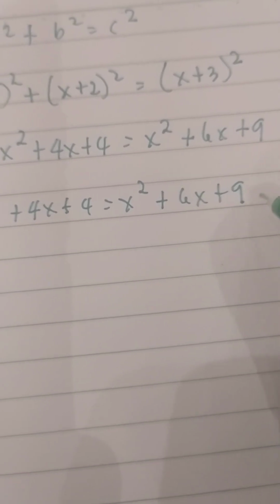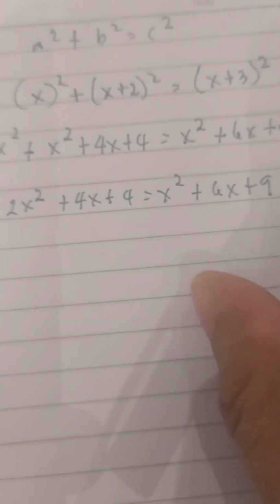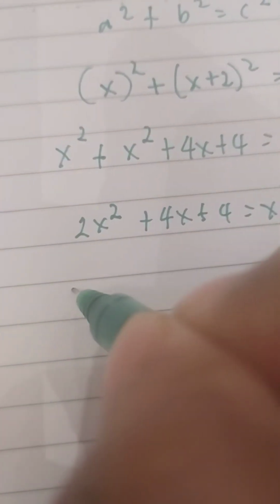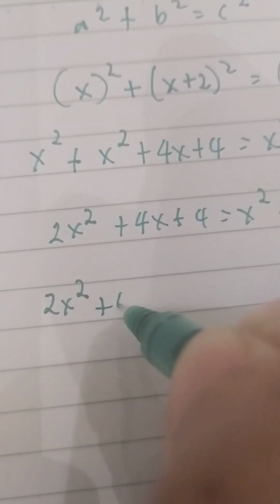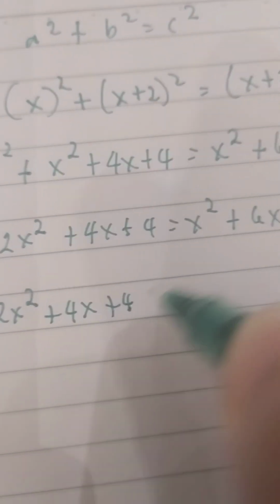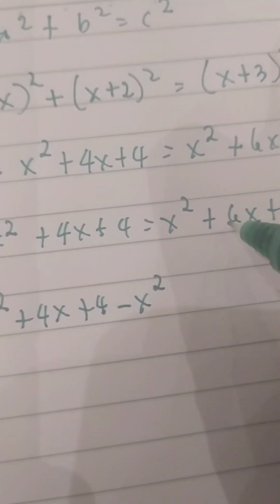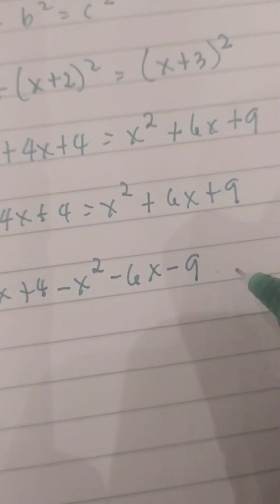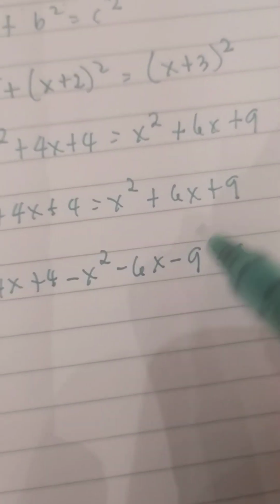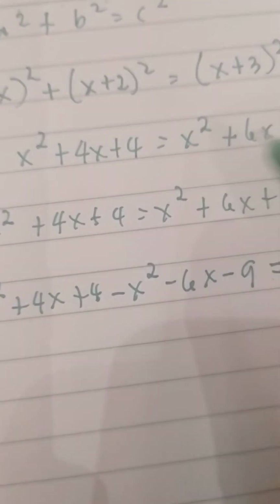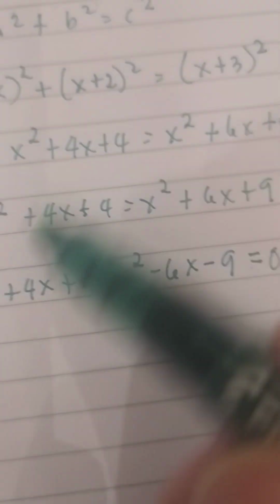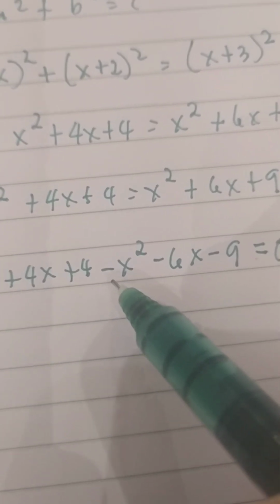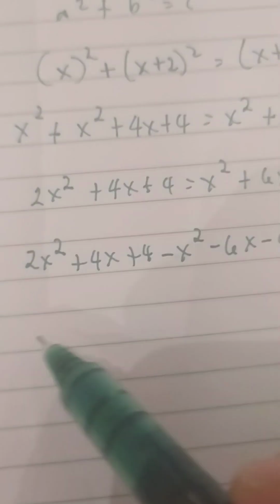Now, the equation from the right side, we are going to equate it to the other side. So we will have 2x squared plus 4x plus 4 minus x squared minus 6x minus 9 is equal to 0. Notice that if we equate our values to the other side, we change the sign.